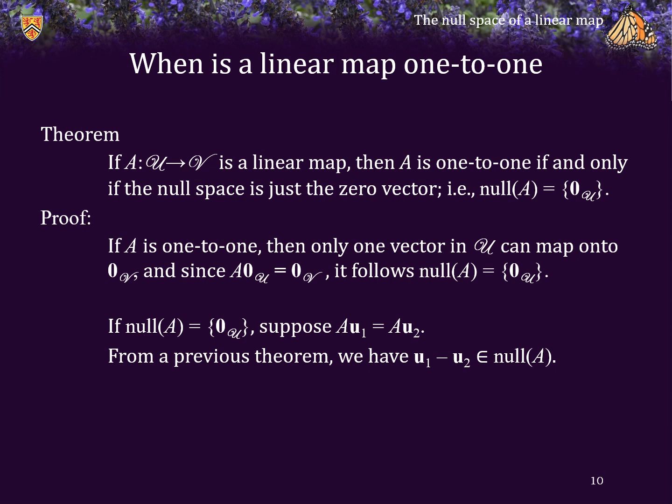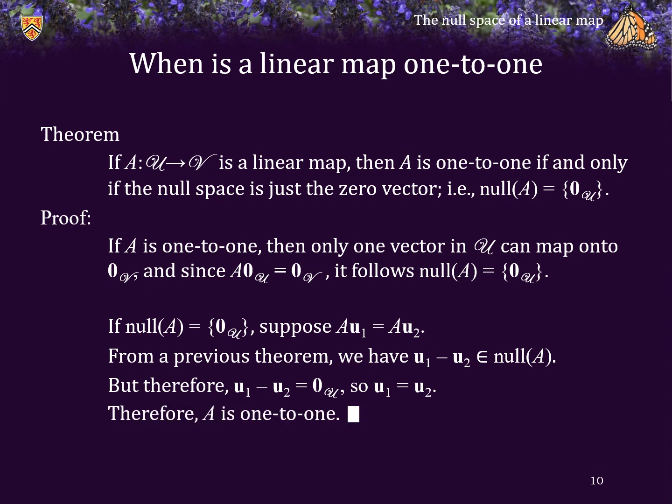If u1 minus u2 is in the null space of A, then because the null space has only one vector in it, u1 minus u2 must equal the zero vector in U. Consequently, u1 equals u2. Therefore, A is one-to-one.